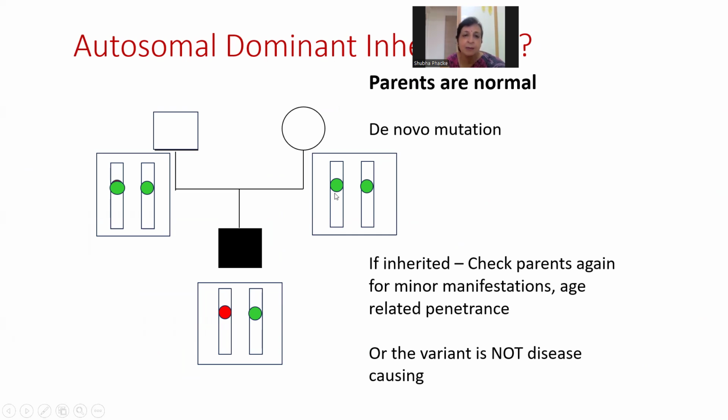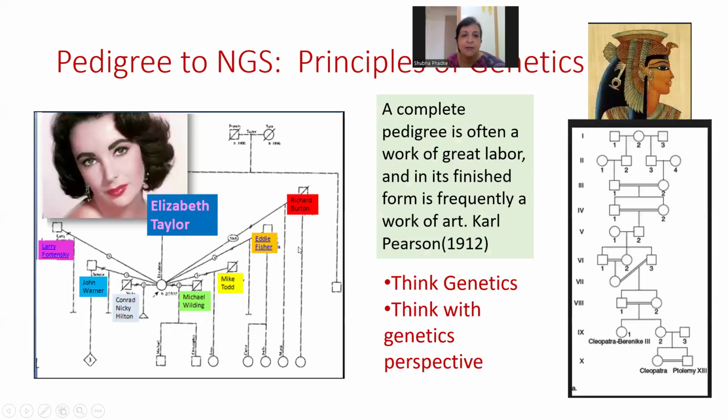Like here, both parents have the wild type allele, while there is only one variation in the son, and then this type of de novo variation or de novo mutation can be causative. So such types of interpretation are very, very important.